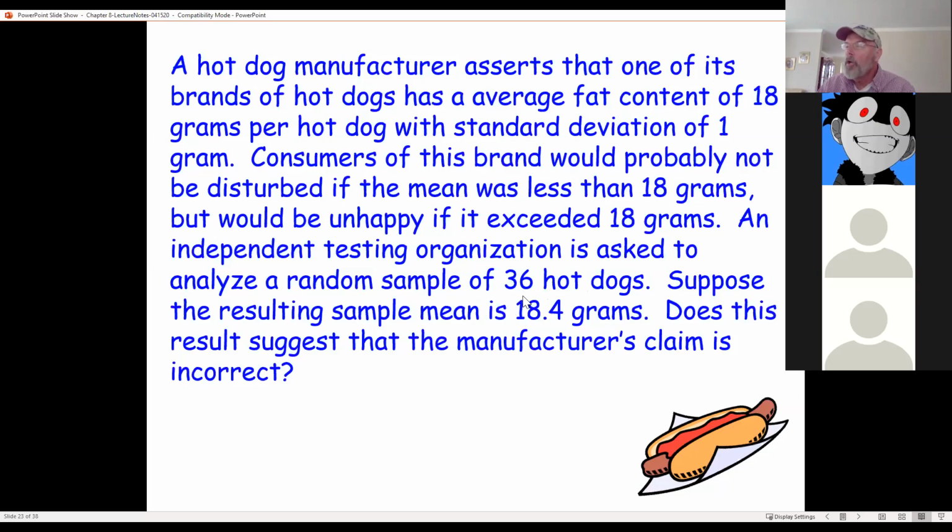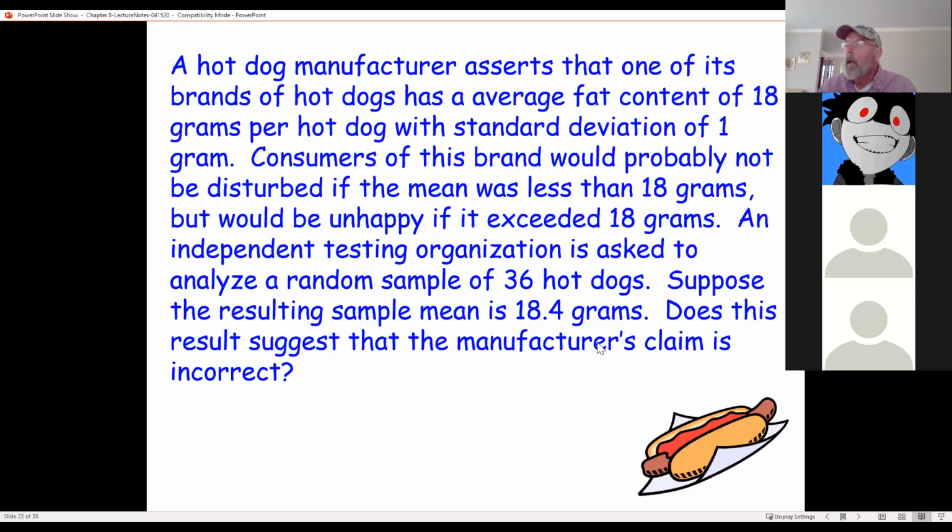So what's good about 36 here? It is greater than 30, so it fits with the 30 rule. That's exactly right. We feel really confident with this random sample because it's over the limit of a sample size of 30.